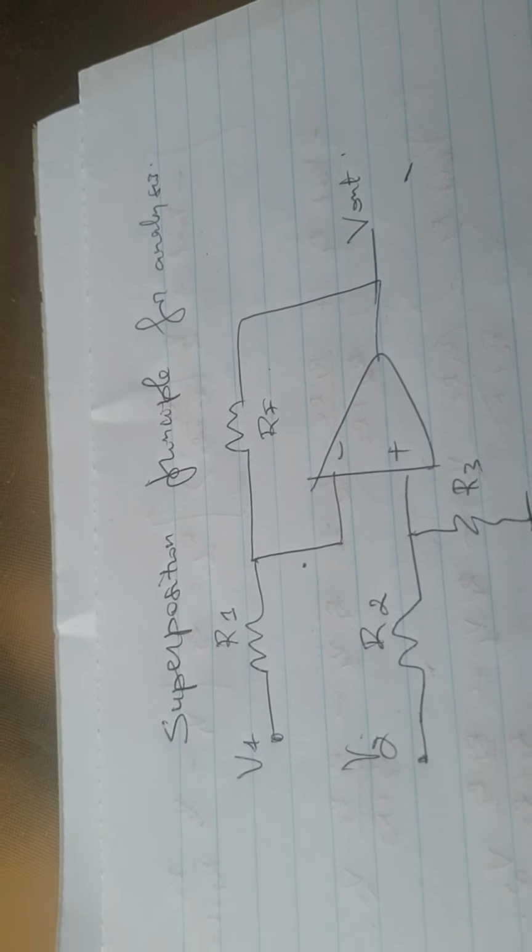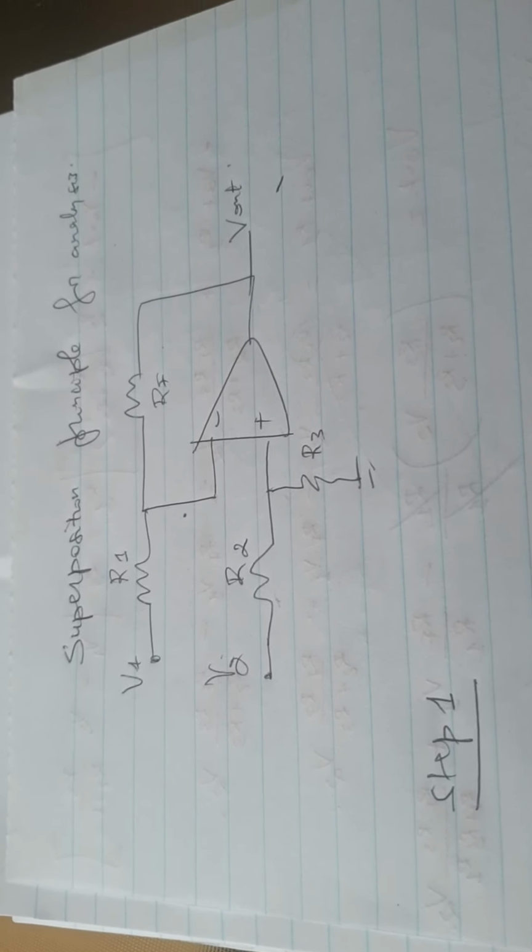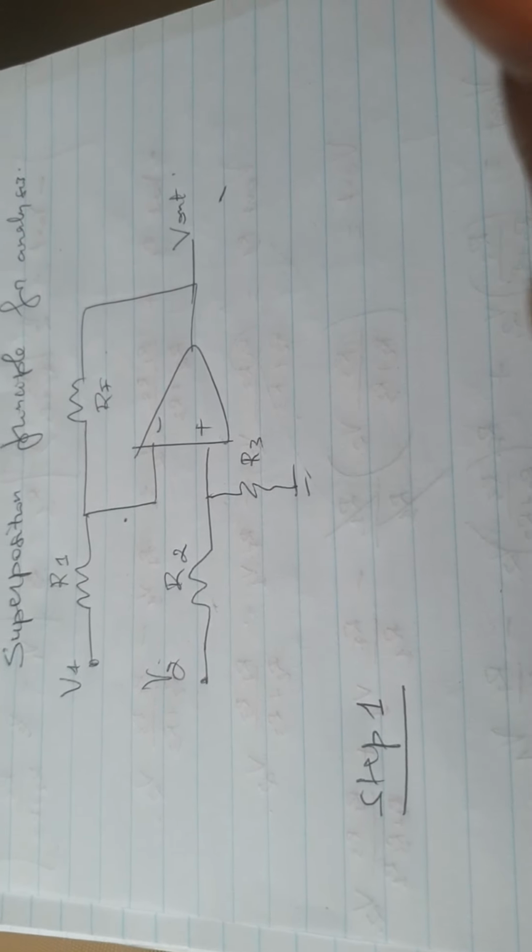So we're going to apply a principle of electrical circuit analysis, especially used when we've got multiple voltage sources or current sources, that is called superposition. So to apply superposition, step 1, and this you must have learned in electrical engineering 1B for the new diploma and in electrical engineering 2 for the old diploma.